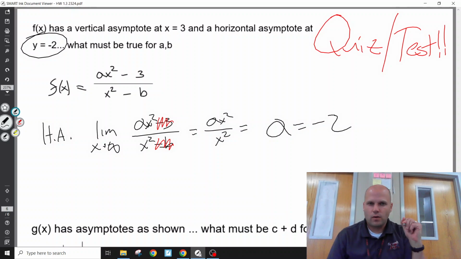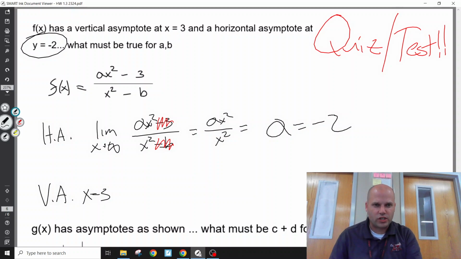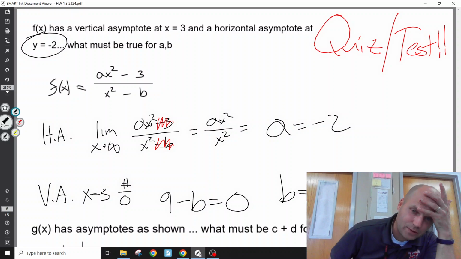Now, for this part with the vertical asymptote at x equals 3, I'm going to go back to lesson 2, the continuity lesson, which says when I plug in 3, I'm going to get a number over 0. When I plug in 3, my denominator has to equal 0, so B has to equal 9.